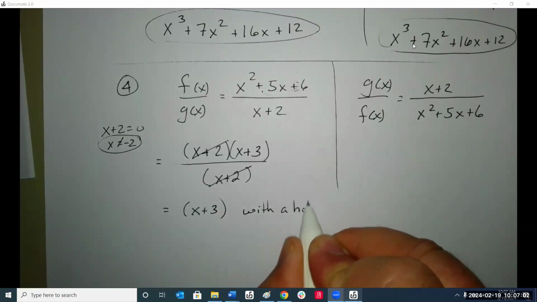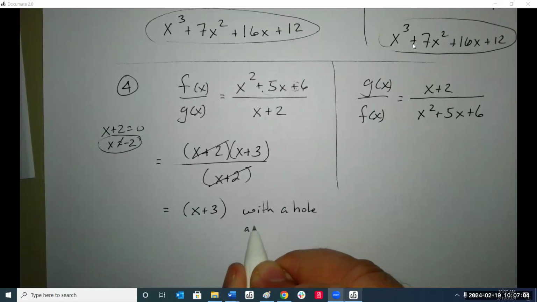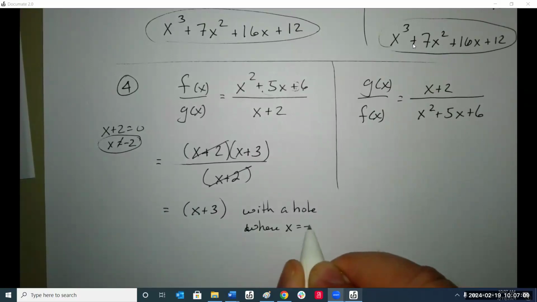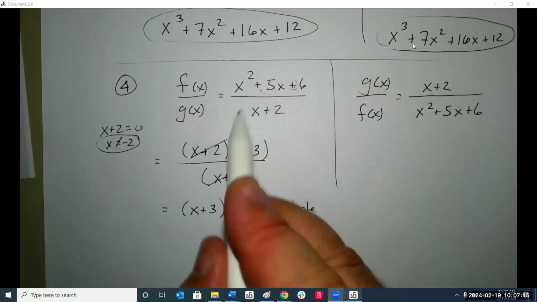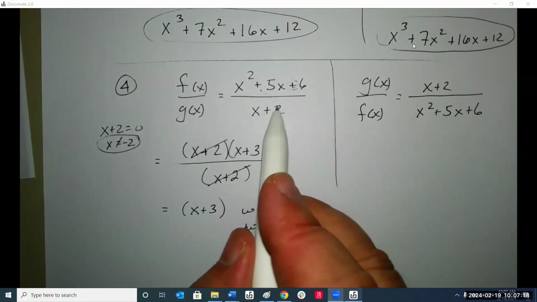With a hole where x equals -2. Remember, we can't have a -2 because we make a 0 on the bottom.